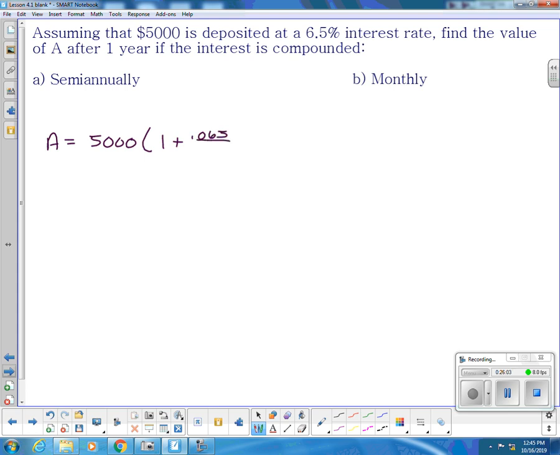Semi-annually, what's the end value going to be? 2. And then 2 times 1 year. And then you're just going to type that in your calculator. One big long line. Please don't chunk it up. Bad things happen.